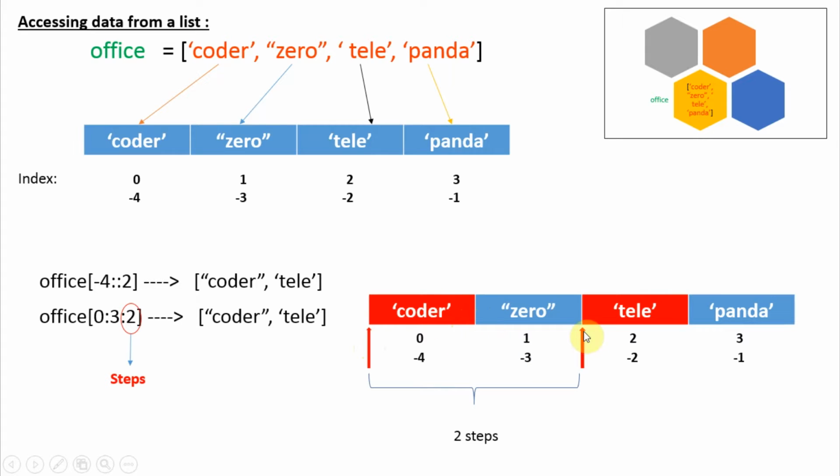Then it will take 2 steps, 1 and 2, and give tally. Then we could not go further because we have given the stopping index 3. So we'll get this value, right? Similarly, where we have not given any value, it will consider the whole list, and it will consider 2 as the step value, and we'll get this one as the output.